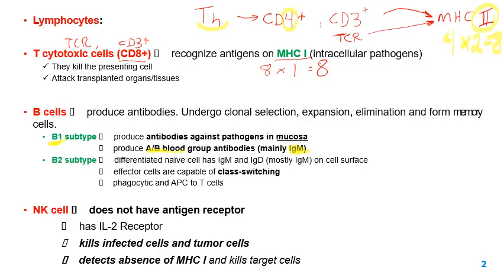Okay. So B1 B cells are mainly very important for mucosal immunity, and they're going to produce IgM. Then you have the B2 type of cells. That is the type that you see in the circulation, going around in the blood.